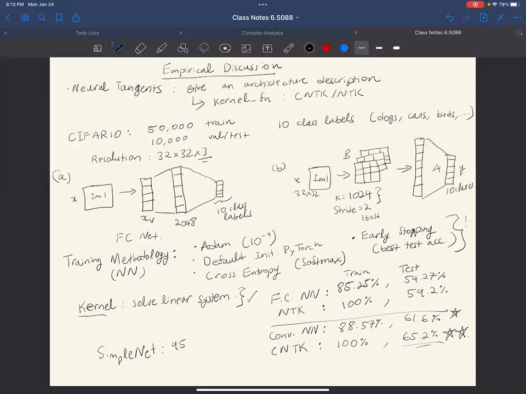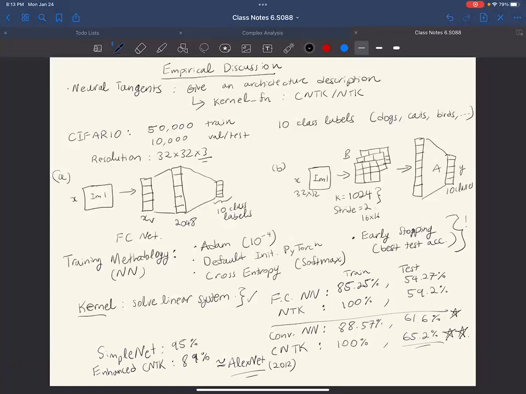These get around 95%. And the best possible kernel now with all of these tricks is the enhanced CNTK, and this gives you around 89% accuracy, which sort of matches that. It actually outperforms, I think, AlexNet. And this is from back in 2012.